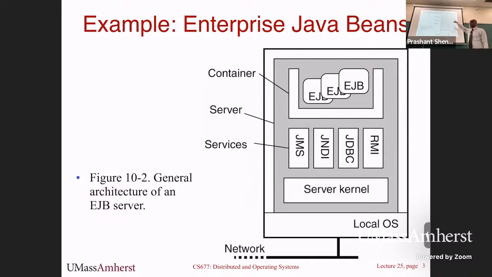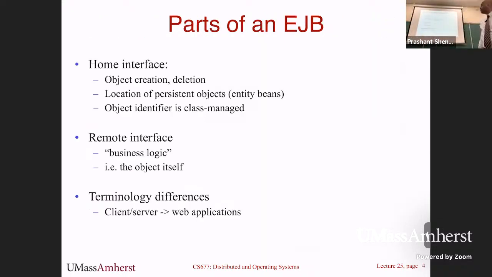What we want to actually look at are these boxes called EJBs that are sitting at the top. Those are objects like any other Java object. So you have classes, and you instantiate a class, you get an object. Even in enterprise Java, you're going to have objects. But unlike standard objects you have in Java, these objects have specific features. Let's look at what EJBs and other types of objects can provide us.